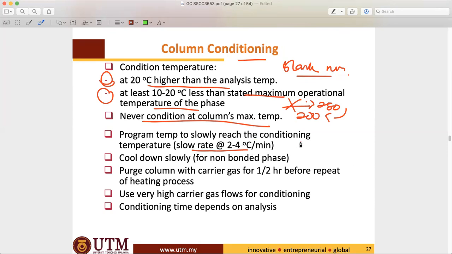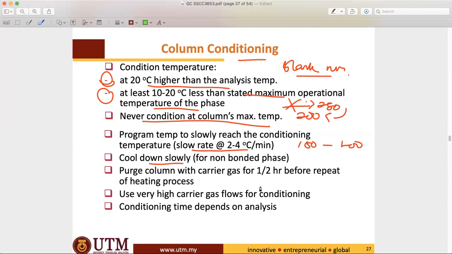For example, you set it from 100 to 200, so you need to make sure that your ramp is as small as possible, 2 to 4 Celsius per minute, because we want to make sure that all of the contaminants evaporate and move out of the column. Cool down slowly. These are the regulations, the things that you need to follow.